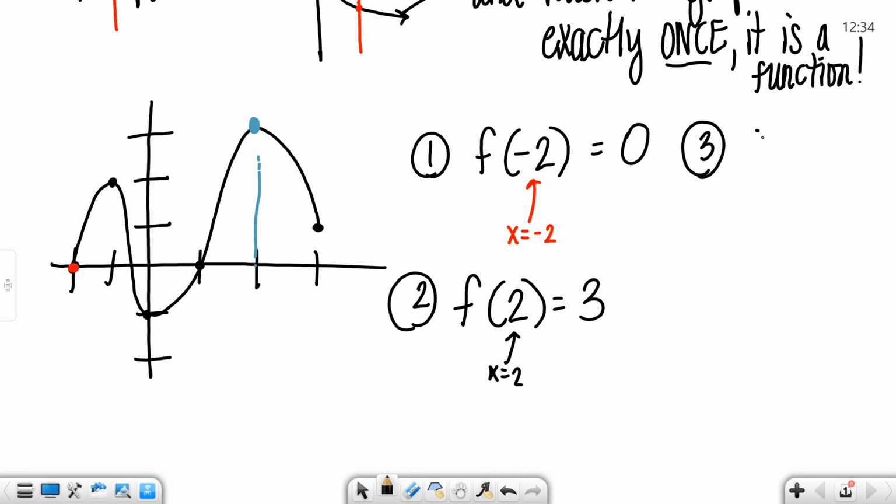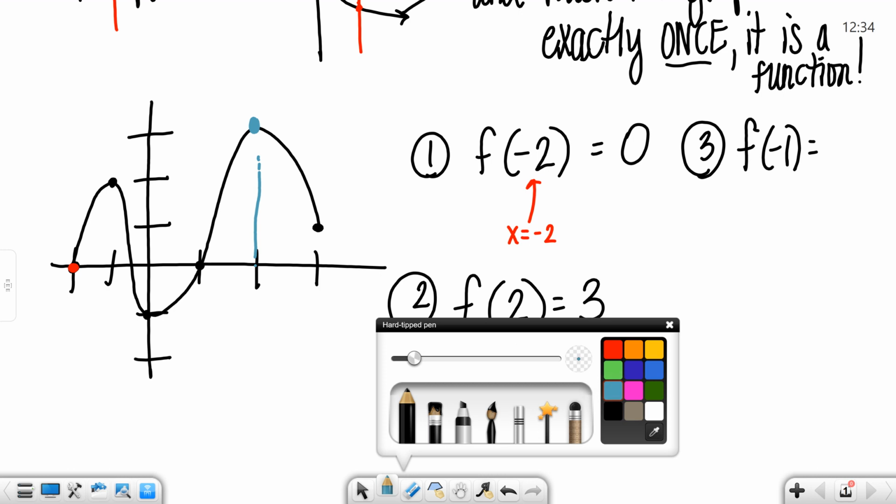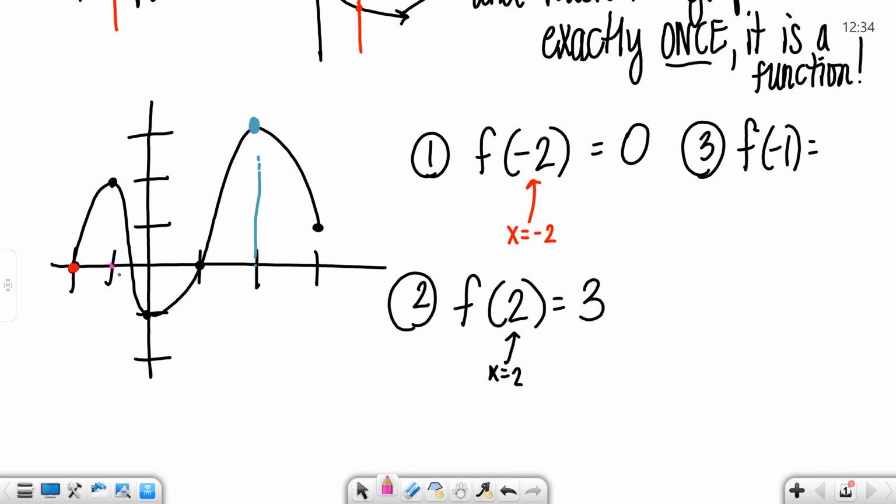What about the function at negative 1? Look at the graph where x is negative 1 and find the y value that goes with it. x is negative 1 right here, but that's not on the curve, so I have to go all the way up here.